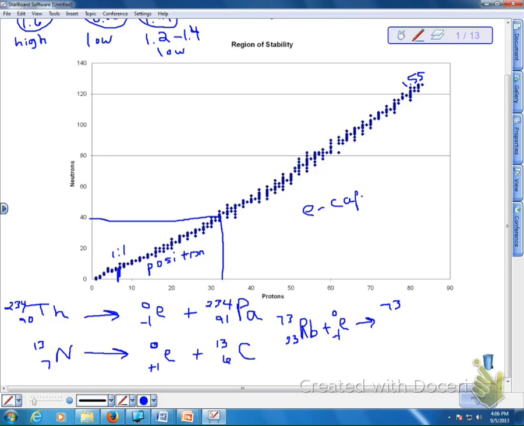For the atomic number, 33 plus negative 1 is 32. So electron capture does the same thing as positron emission. It makes the atomic number go down. So look at the periodic table, and I believe that is germanium-73.